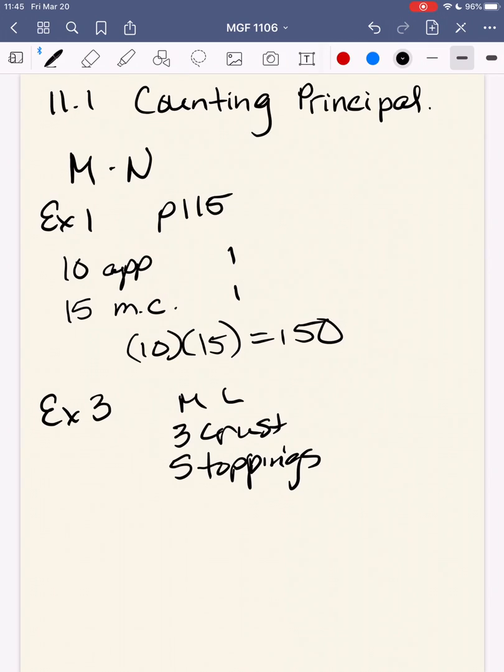How many different 1-topping pizzas can be ordered? So just 1 topping. I want more than 1, but that's okay.